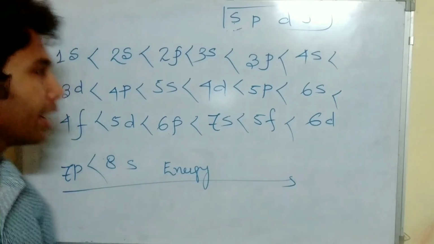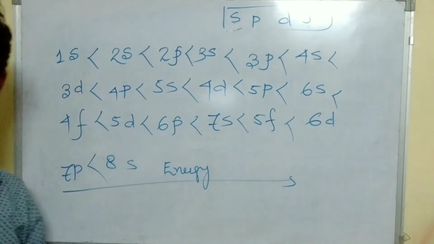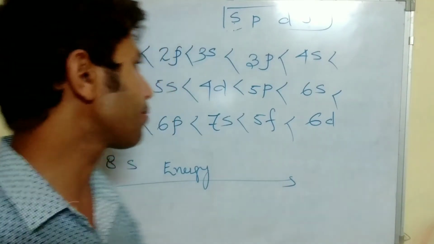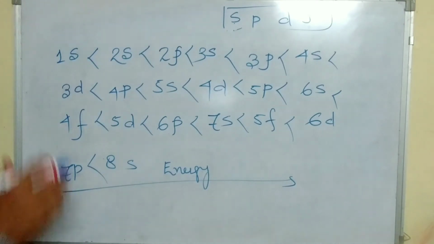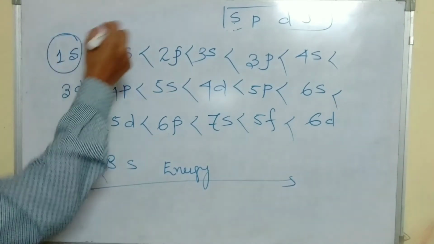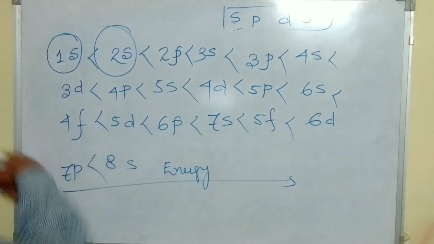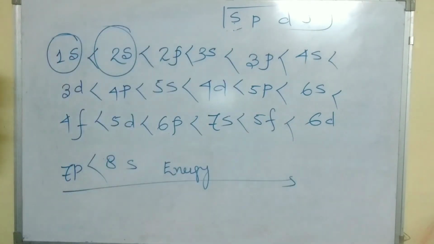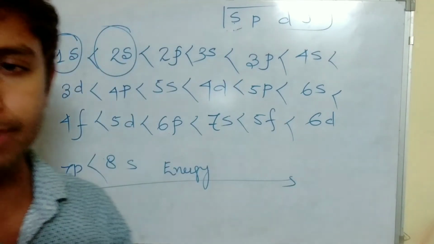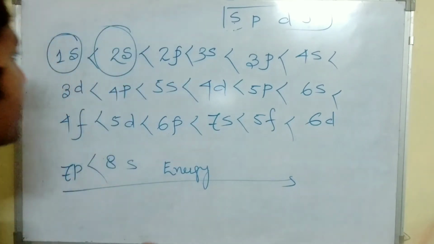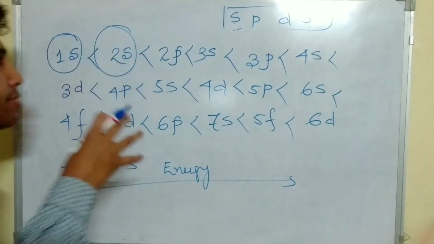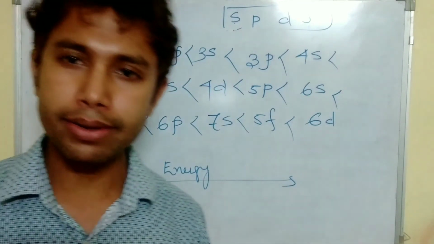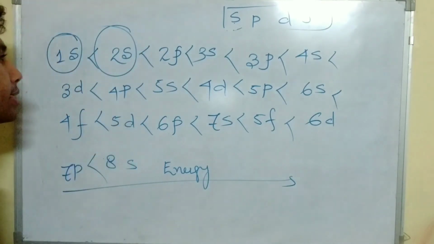When we go to fill up the orbitals of an atom with electrons, first we have to fill up the lower energy orbitals, and then subsequently go to the higher energy orbitals. After the completion of the filling of lower energy orbitals, only then do we go to the higher energy orbitals.